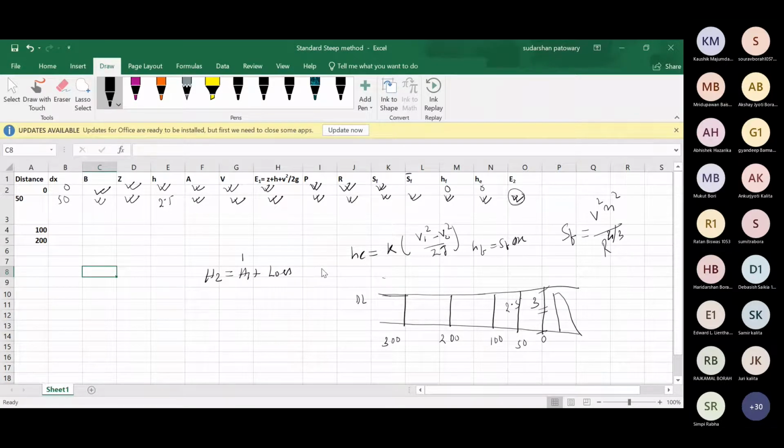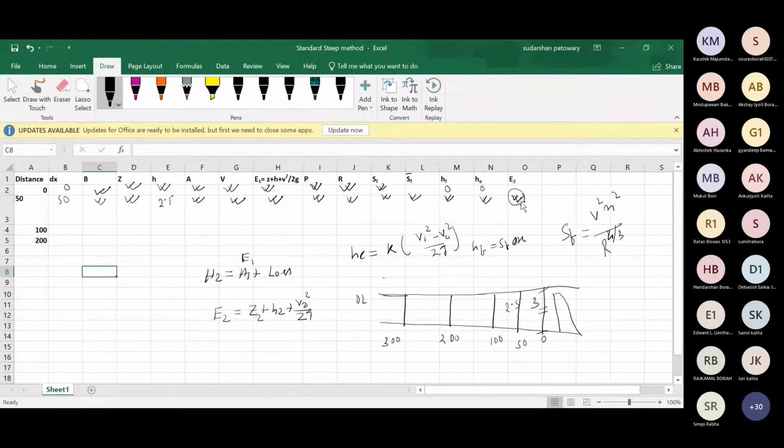Now E2 you can calculate by this formula also: Z2 plus H2 plus V2 square by twice g. Because I have already calculated H2, V2 and Z, by this formula you can calculate E2.